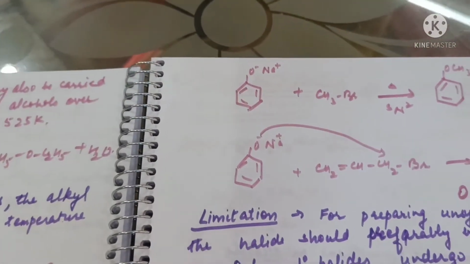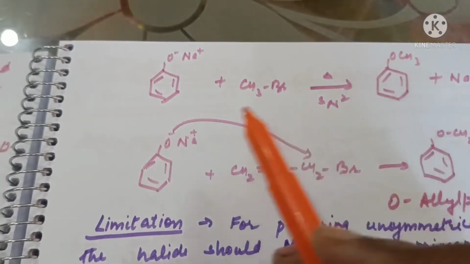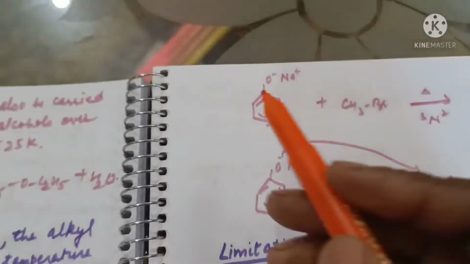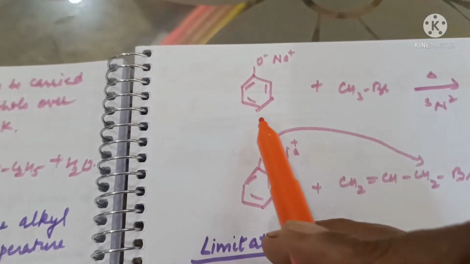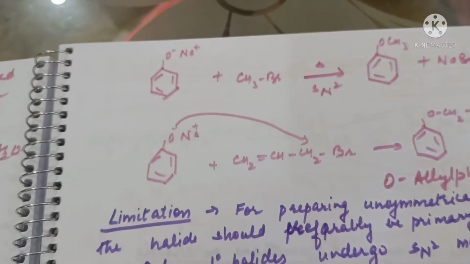In case we have to form alkyl aryl ether, then the alkyl halide will be the smaller one and the alkoxide will contain the aryl group to form methoxybenzene.